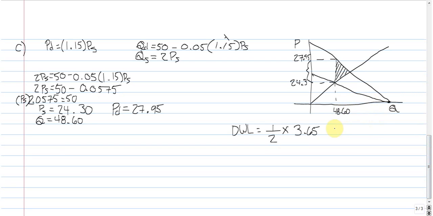This new quantity is 48.60, so the difference must be 0.18. So if I multiply that through, I get the deadweight loss here is 0.3285, which if I put in the right number of significant figures is 0.33.